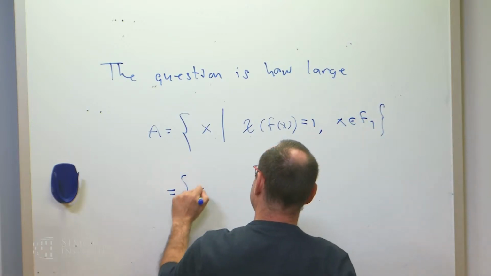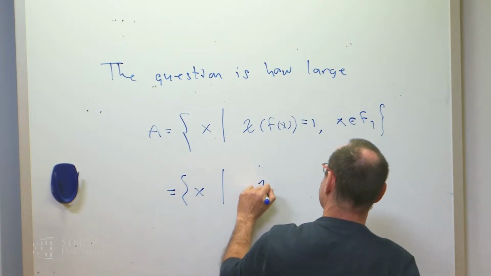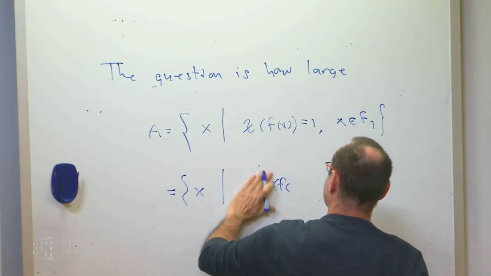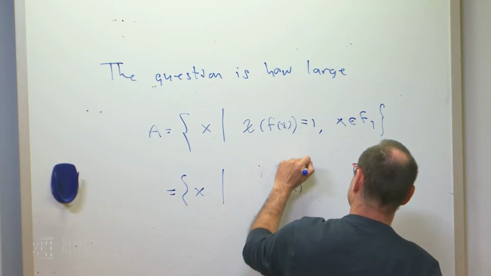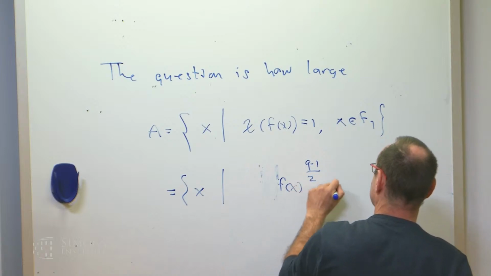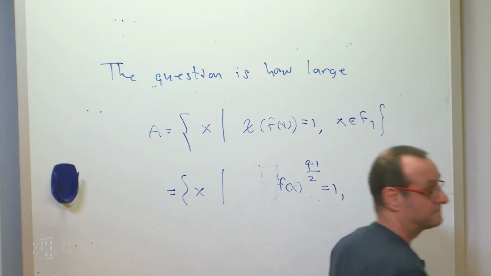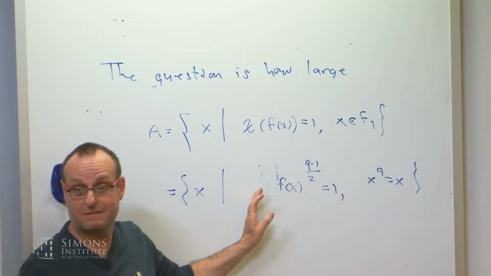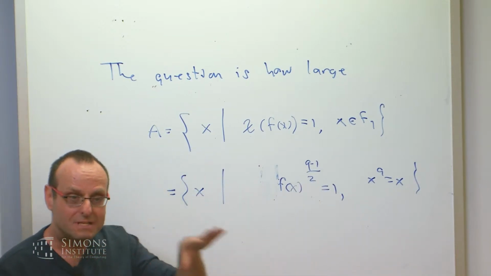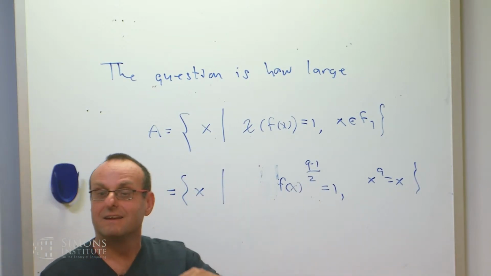So equivalently, it's like saying that f of x to the power of (q minus 1) over 2 should be 1, and x to the q should equal x. So this is really a variety. It's a closed algebraic set. It's very simple.